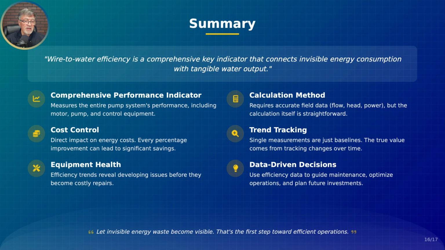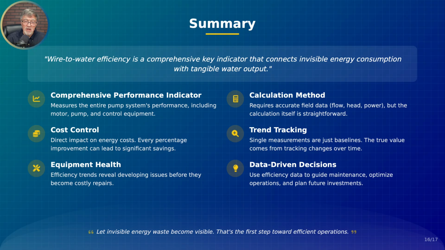Every percentage improvement can lead to significant savings, like we said. Equipment health, this is part of your asset management plan. Efficiency trends reveal developing issues before they become costly repairs. That's where you save your money, is before things become critical and much more expensive to repair, you're taking actions before they become a critical problem.